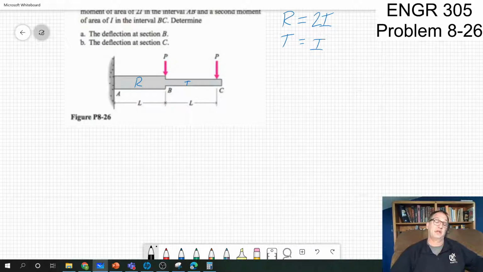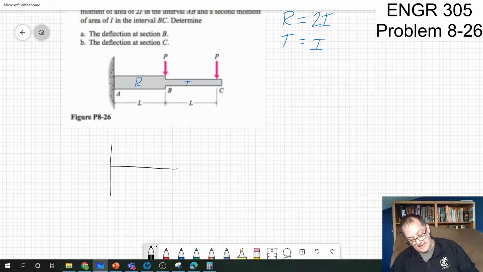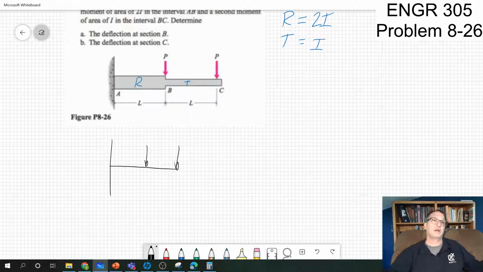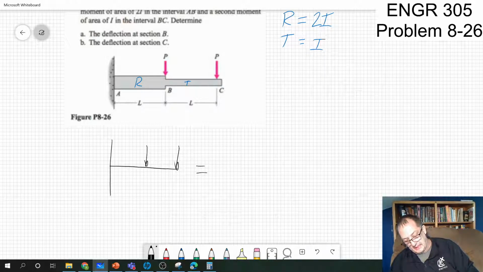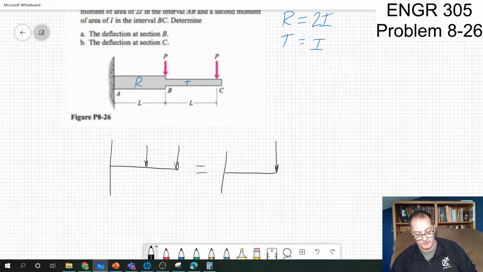So in the last video, I took this cantilever beam that has this load and this load, and I said, okay, how do I break that out? So that is going to become this beam where I'm going to transfer this force to here.